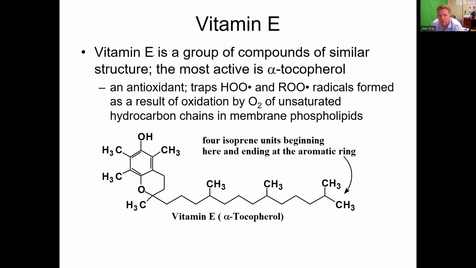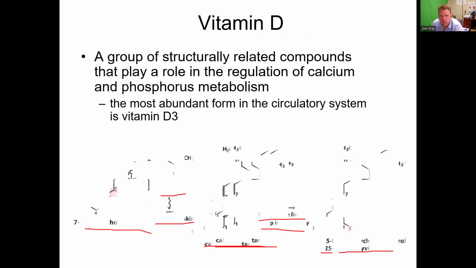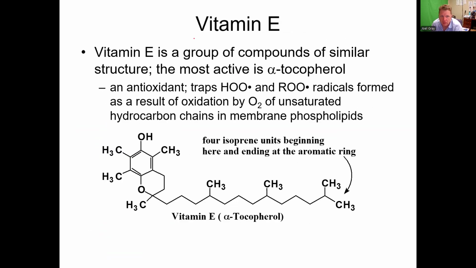Now, vitamin E. So we've gone D, A, E. Vitamin E is a group of compounds of similar structure. The most common is alpha tocopherol, vitamin E right here. This is an antioxidant. It traps free radicals, radicals formed as a result of the oxidation by O2 of unsaturated hydrocarbon chains in membrane phospholipids.